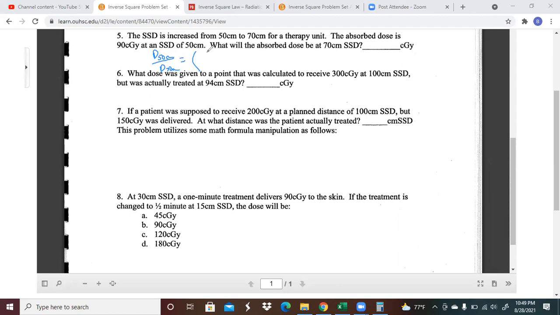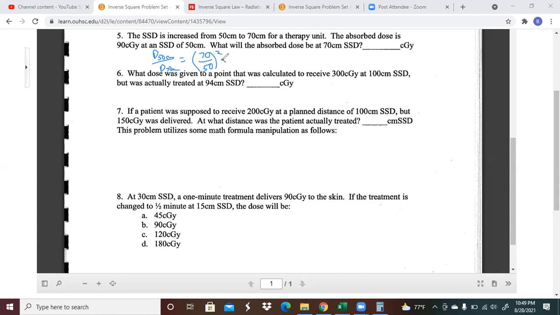So the dose here should end up being 70 divided by 50 squared.